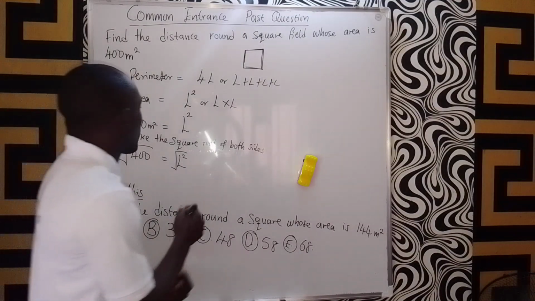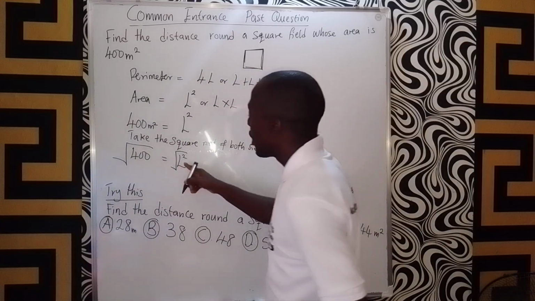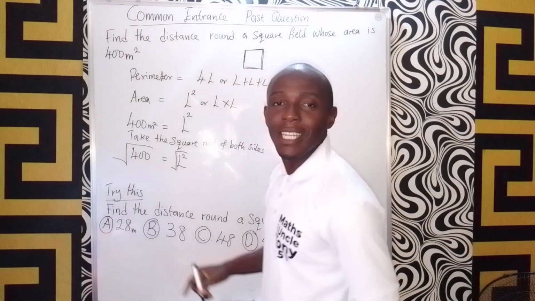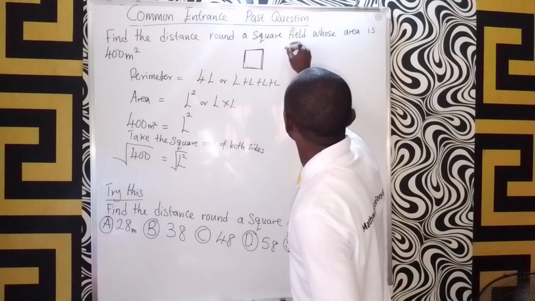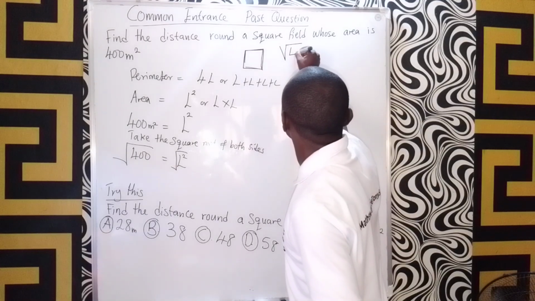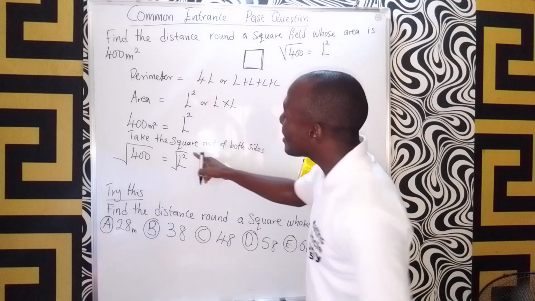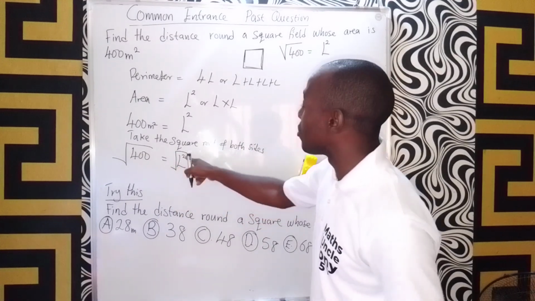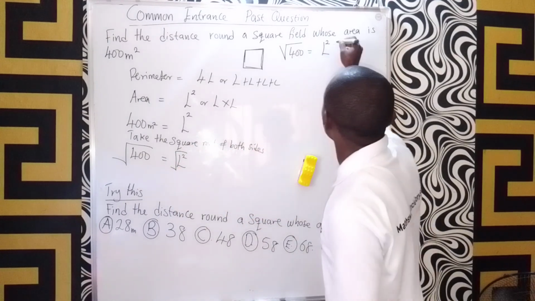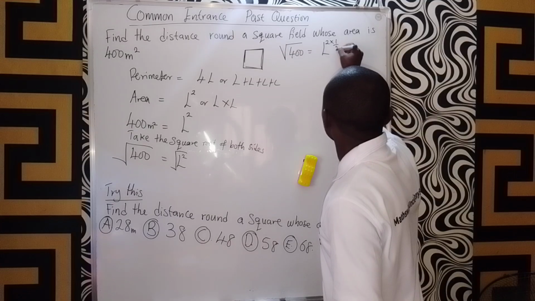Let me literally show you how to remove this square. 400 is equals to L square. This square root means that you're multiplying the power by 1 over 2.